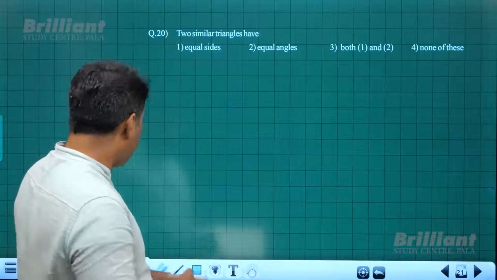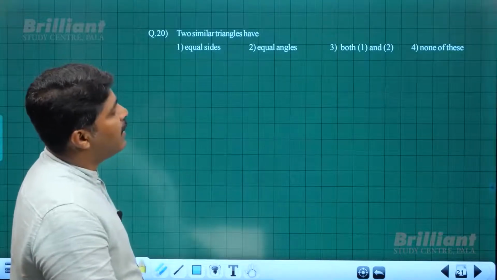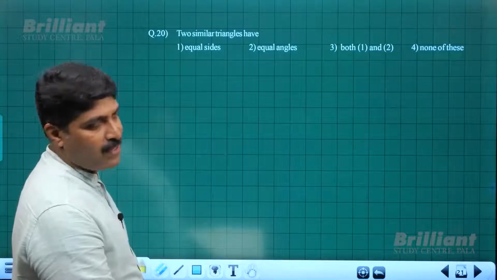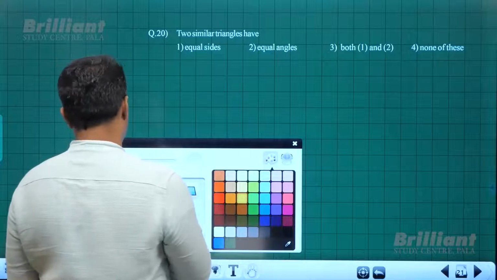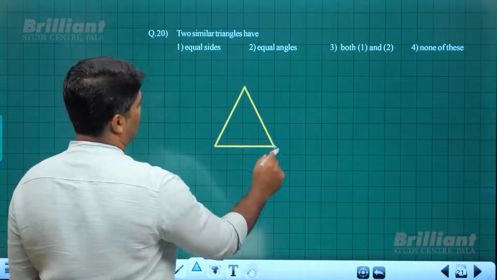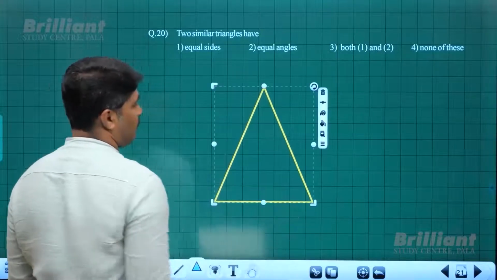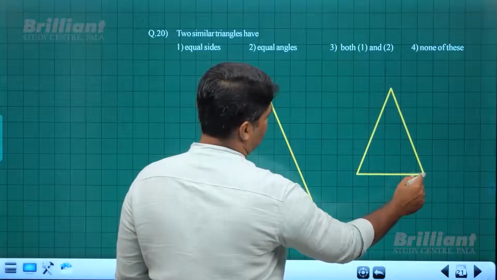So two similar triangles, how? Equal sides, equal angles, both 1 and 2, none of these. So consider two similar triangles, one triangle like this and another one also we can consider.